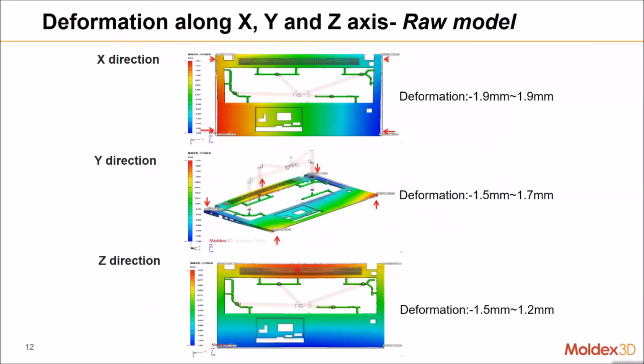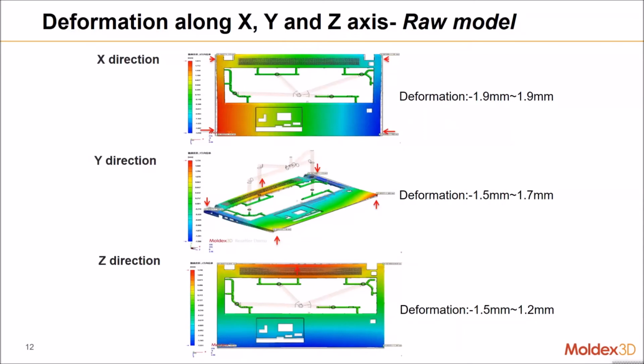So the objective for this case is to improve the warpage problem. Now we can see the warpage value of the raw model. Along the X direction, the deformation is about minus 2 millimeter to 2 millimeter.